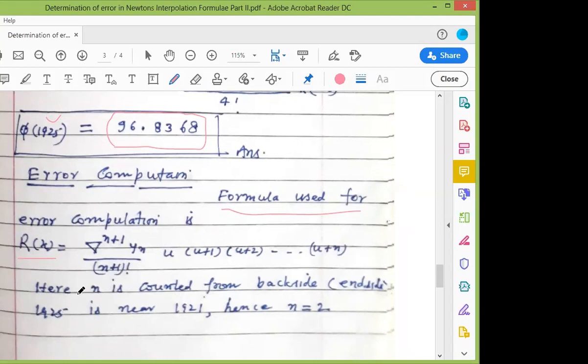First decide n plus 1 and n. n is counted from the back side. On the back side, look at here, the end side. End side means where 1925 is. This is near here, hence it is n by 2.